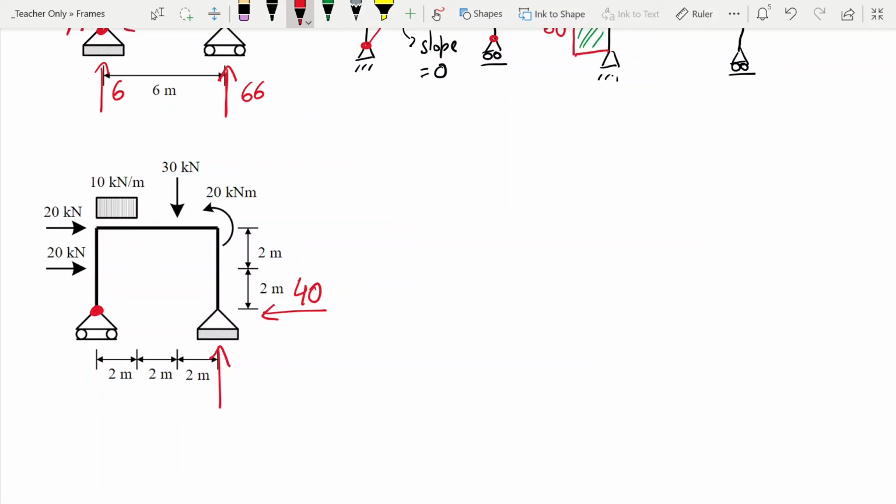So I'm going to have 20 times 2, that's 40. Then 20 times 4, that's 80. So all of this together is 120. Then I also have 30 times 4, that's another 120. Then I have 10 times 2 times 1, so that's 10 times 2, 20, times 1 is another 20, all in the same direction. And finally I have another 20, that's this one, in the other direction.